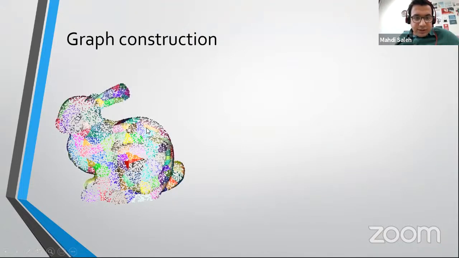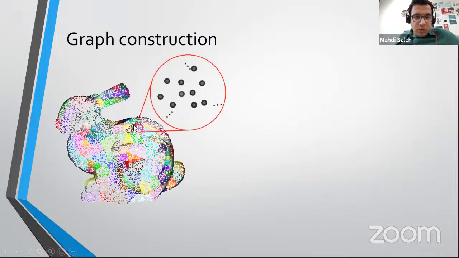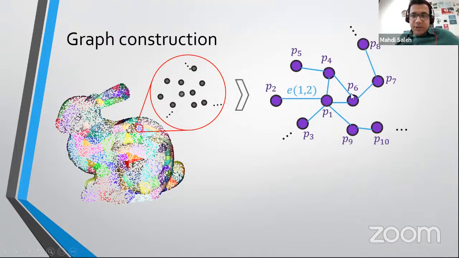We break it down into several very small patches, and we want to describe each of them. So we take the points from each patch and convert them to a graph, where, as mentioned, the nodes represent the points in the point cloud, and the edges associate these points given their spatial relationship.